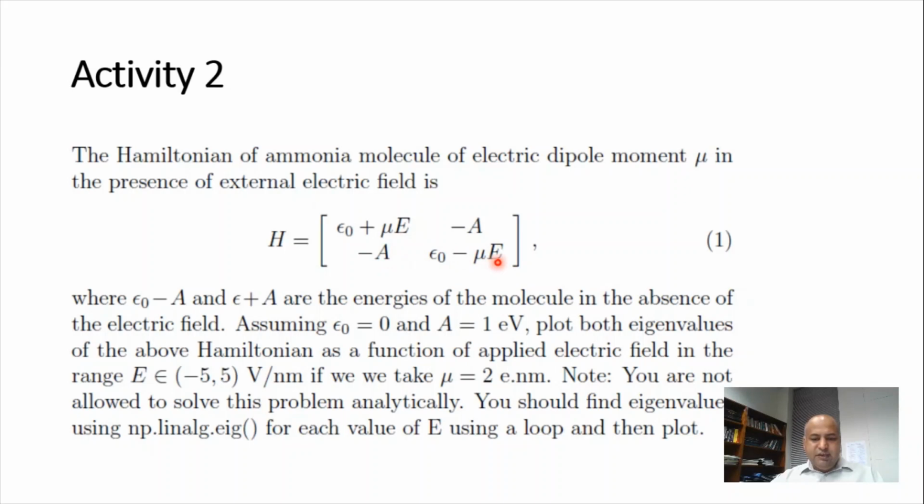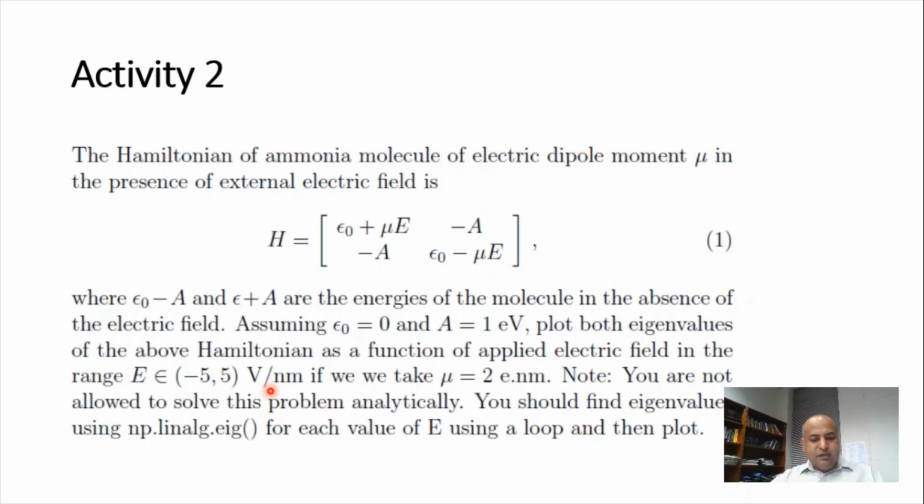The electric field is E here. What I want you to do is find the eigenvalues of this matrix. This will have two eigenvalues for fixed epsilon and A values. So epsilon 0 is 0, A is 1 electron volt. But for E, I want you to vary E from minus 5 to 5 volts per nanometer.